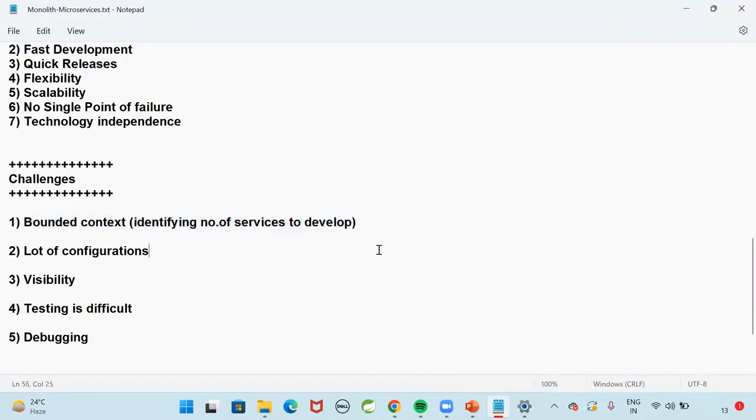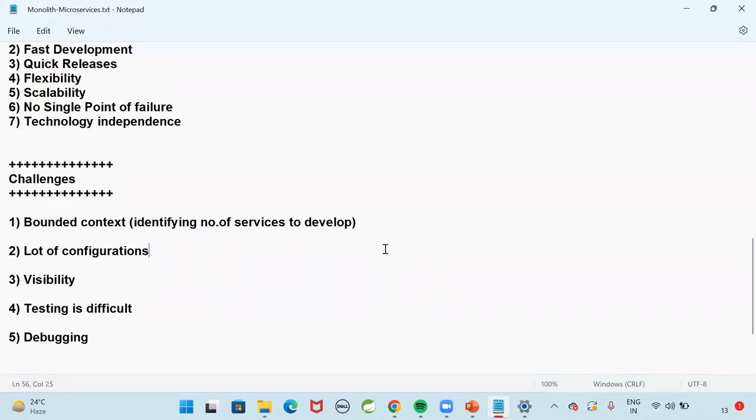We don't develop 100 microservices for 100 requirements. We need to understand which functionality should be part of which microservice. We need to identify that.